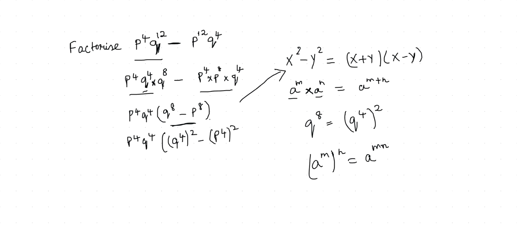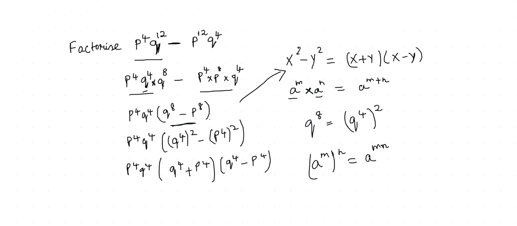Now I'm going to use the identity x square minus y square and expand this as q to the power 4 plus p to the power 4 into q to the power 4 minus p to the power 4.